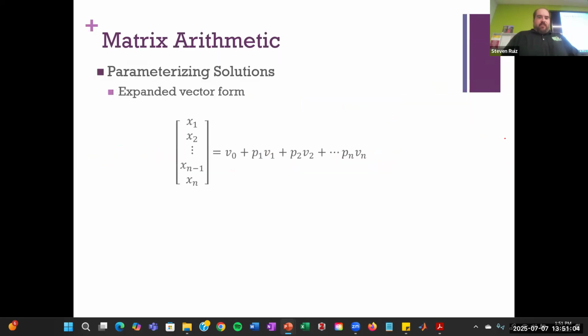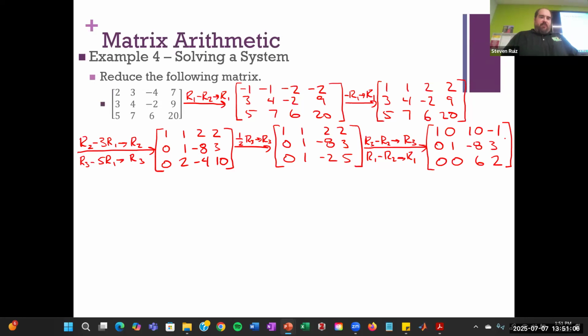I wanted to show you how to parameterize these things, but I thought that I put one in here that was going to have infinitely many solutions. But I don't feel like we did anything wrong. If we did, I'm not seeing it.